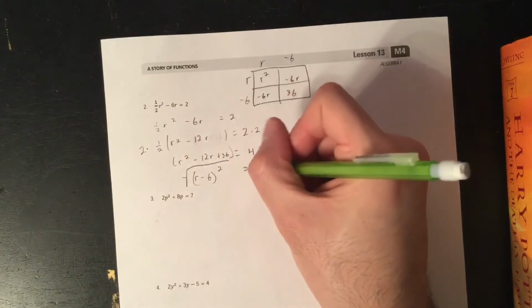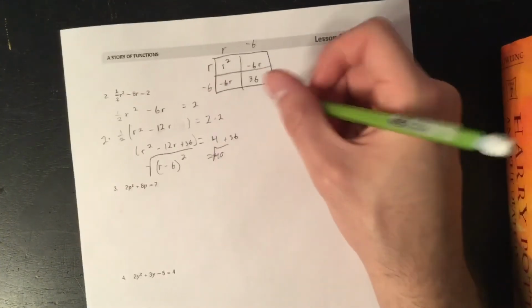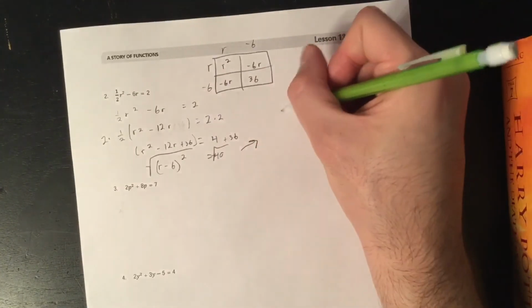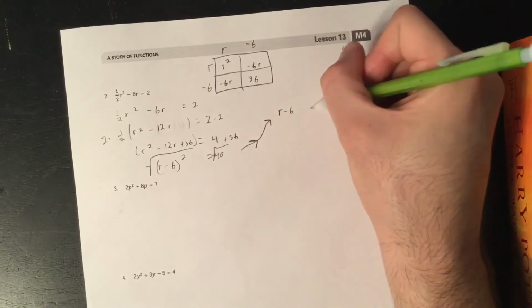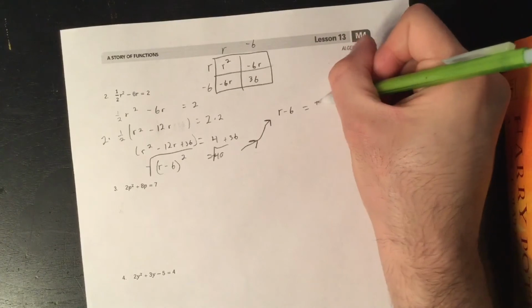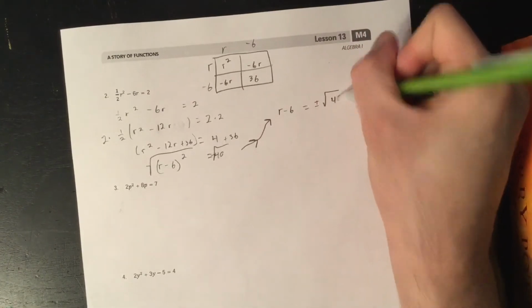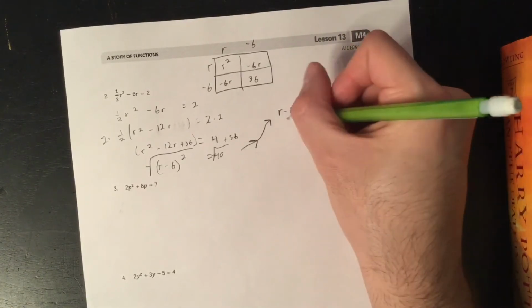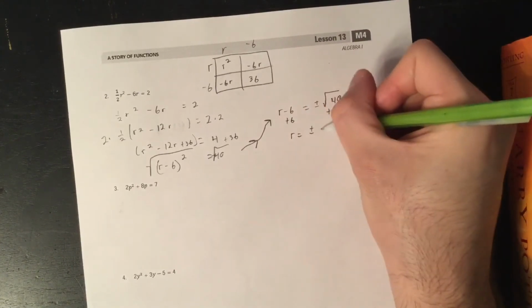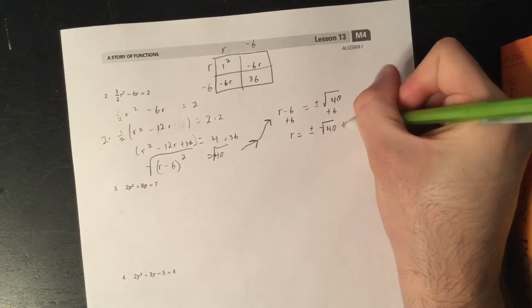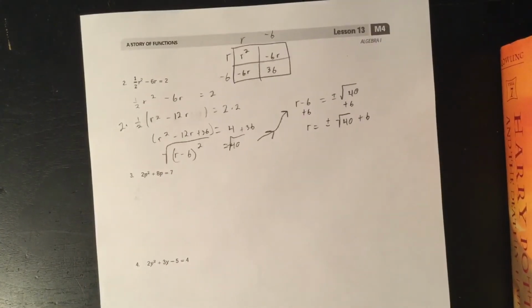So then you'll take the square root of each side, and you'll end up getting r minus 6, and that's going to equal plus or minus the square root of 40. So then the last thing to do is add 6 to each side. R equals plus or minus square root of 40 plus 6. And then that would be your answer for that one.